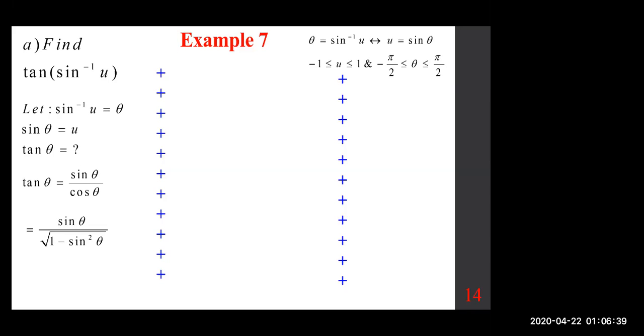If you replace the cosine with square root of 1 minus sine squared, you come up with the answer. As far as the sign is concerned, that means positive or negative. Remember, tangent and sine, both of them go from negative pi over 2 to pi over 2, so you have nothing to worry about. I hope that works out for everybody.